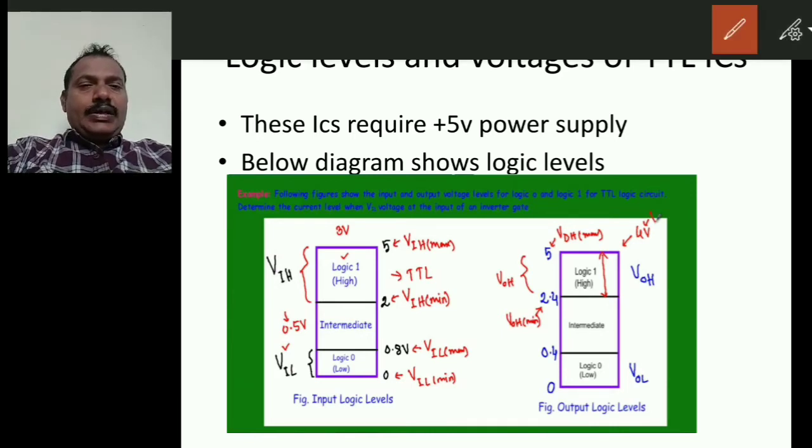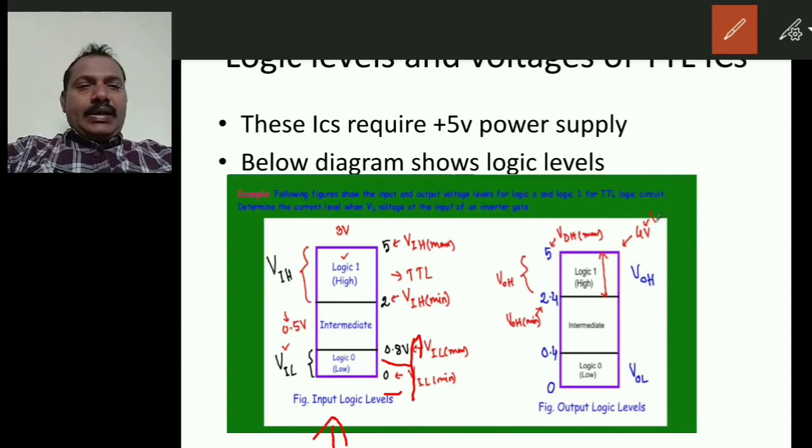So here this diagram shows the input logic level. Logic 0 is from 0 to 0.8 volts.